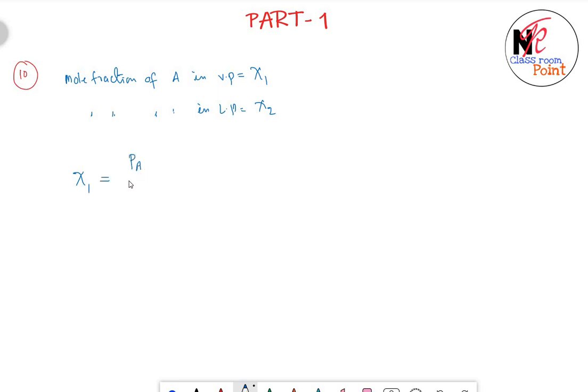So partial pressure of A divided by total pressure. Partial pressure we can write as P naught A into the mole fraction of A in the liquid phase, which is x2, divided by total pressure. Now they are asking us to find the total pressure. So total pressure equals P naught A x2 divided by x1. Hence option A is correct.